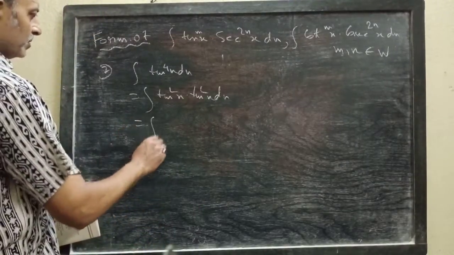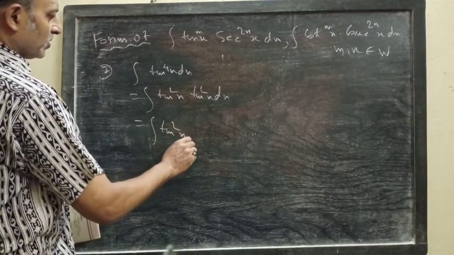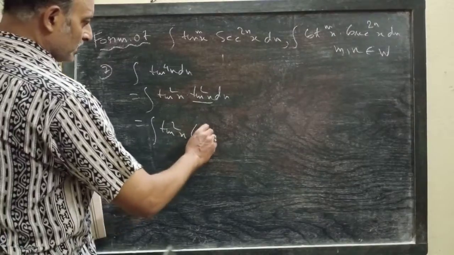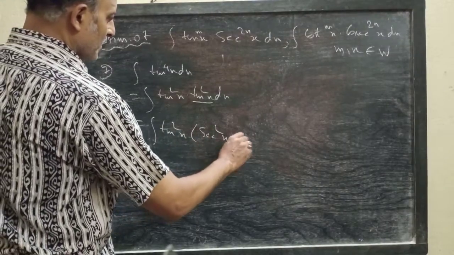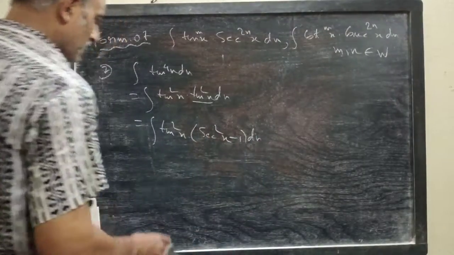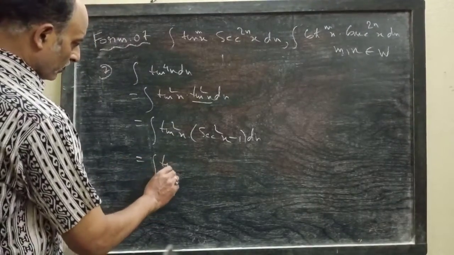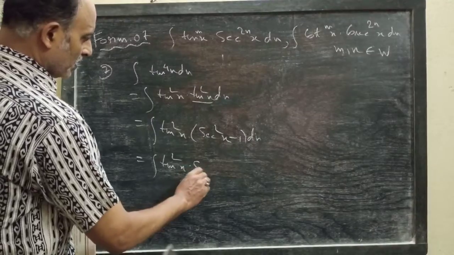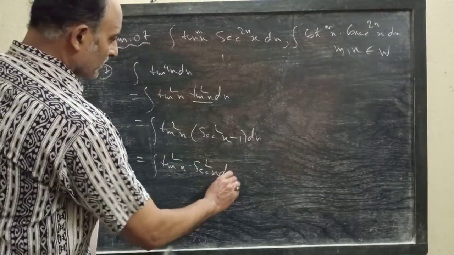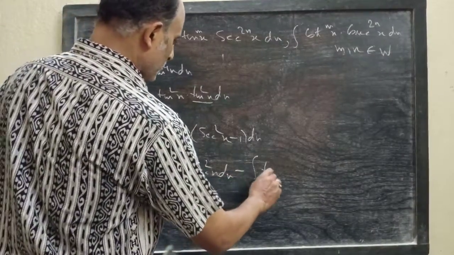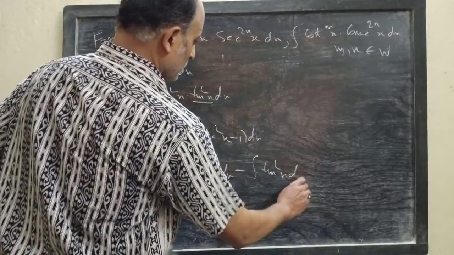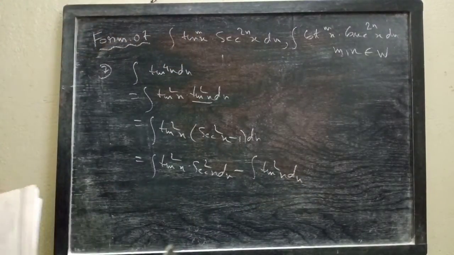Next step. Keep tan square x unchanged. Change the other one; you can write this as sec square x minus 1 dx. Then you can write it as two integrals in this way: integration of tan square x sec square x dx minus integration of tan square x dx.